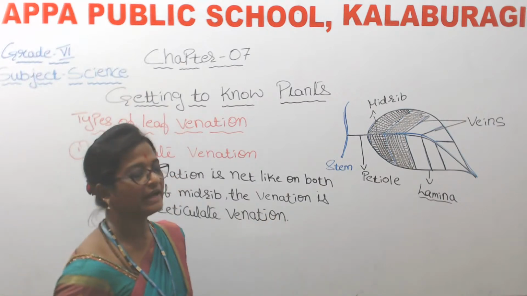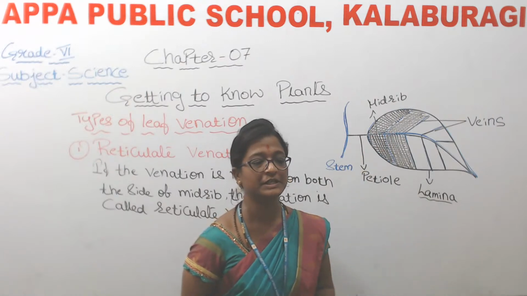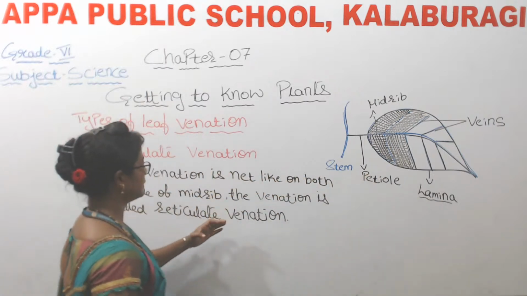If we find a net-like structure on both the sides of the midrib, then those leaves are known as reticulate venation.